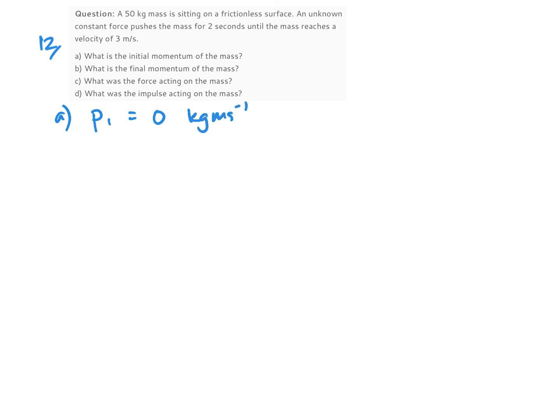You can do your mv calculation if you want. The final momentum is mv, it's 50 times 3, 150 kilogram meters per second.